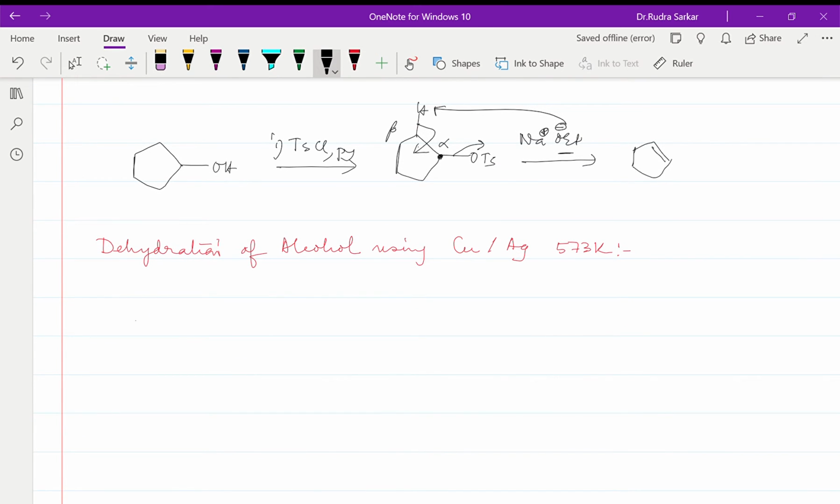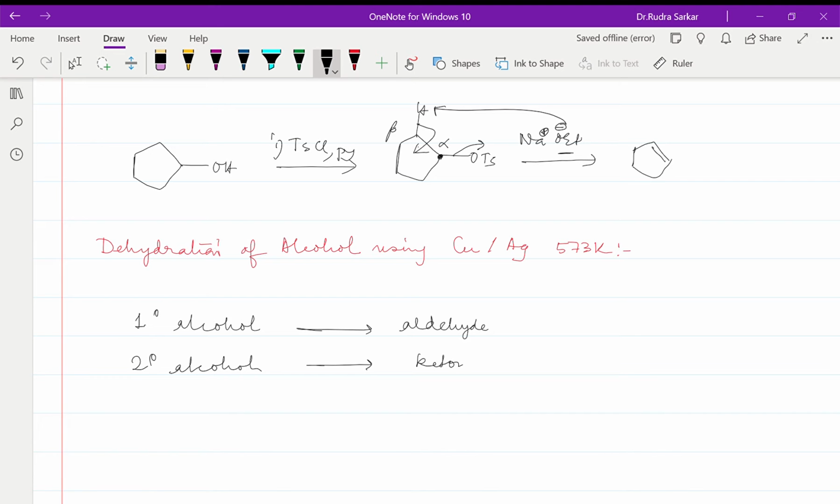This is what one has to remember as a student of class 12. 1 degree alcohol, there is hydrogen. You take away hydrogen from OH and from one carbon next to it. We get aldehyde. 2 degree alcohols, you take away hydrogen, you make a ketone.